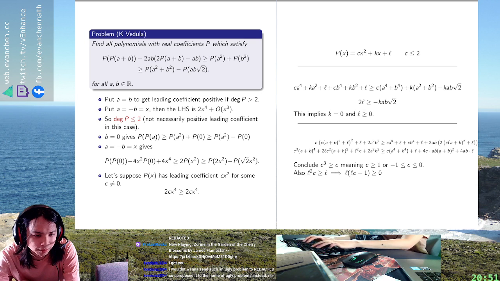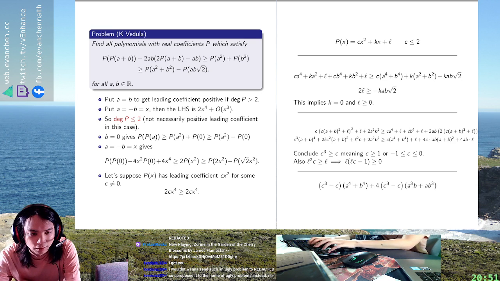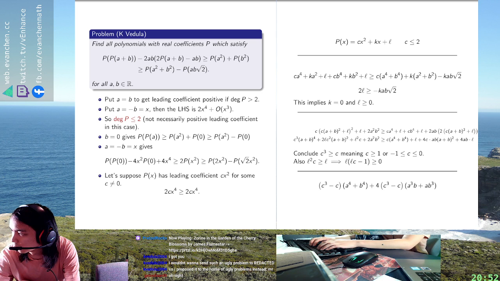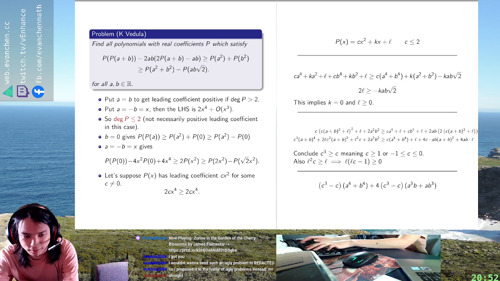Okay. And then what's the coefficient of a squared b squared? 6c cubed plus 2 minus 8c.